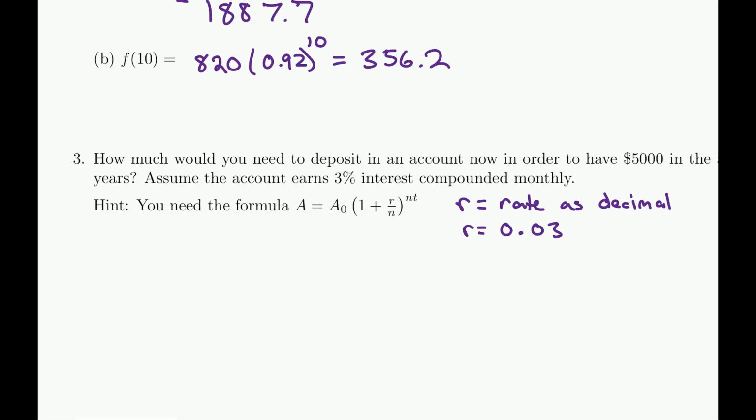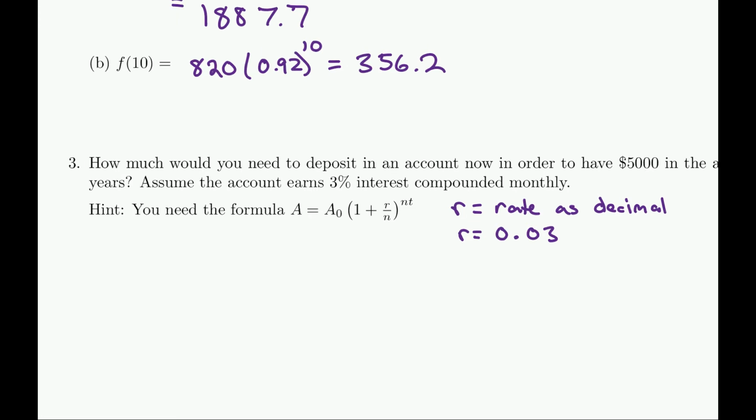So 0.03 is the interest rate. Also, we have N. N is the number of compounding periods per year, basically. So if we're compounding monthly here, compounded monthly, then N would be 12. If we were compounding quarterly, N would be 4.